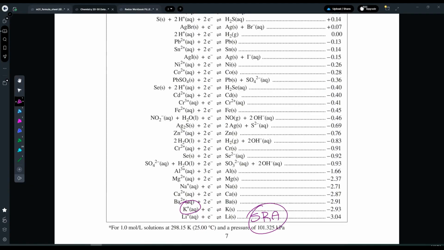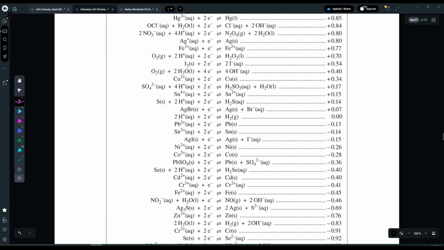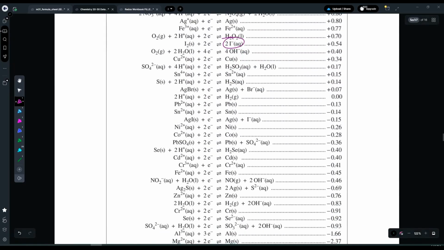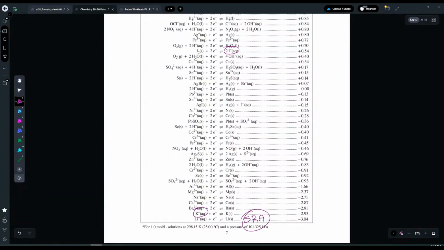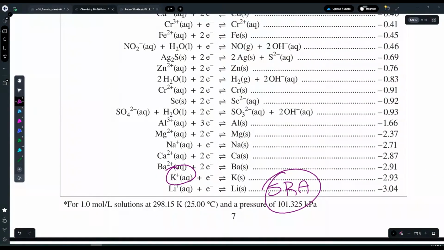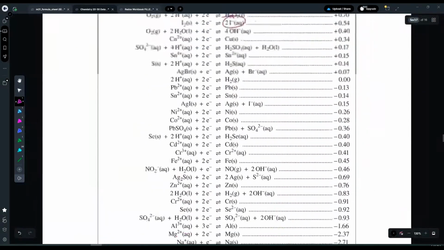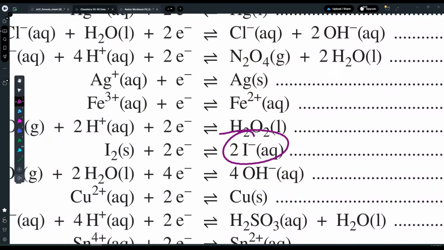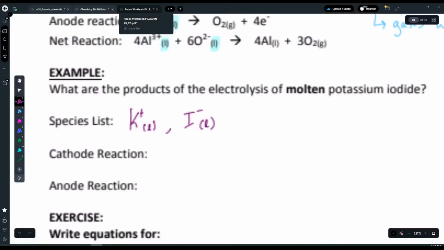Okay, so now I'm looking at the right-hand side, just picking out what I have. So we got that. Okay, so the reactions, I'm going to write this reaction from left to right because that's the SOA. And then I'm going to write this reaction from right to left because that is my SRA.